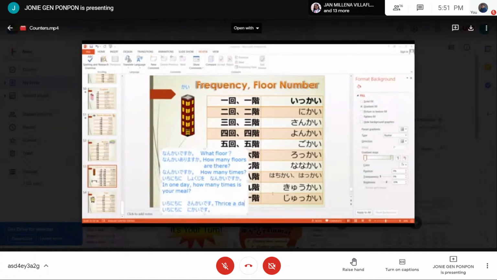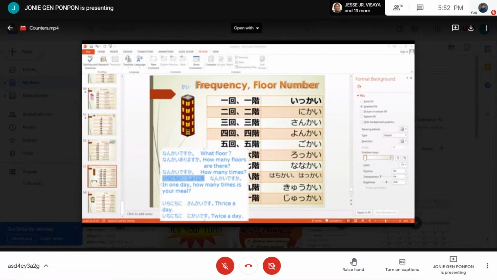And then 1日に2回です will be twice a day. So that will be your possible answers to this question.